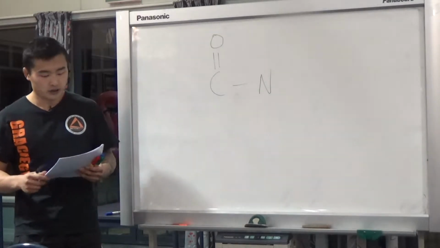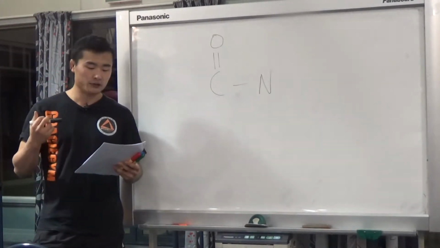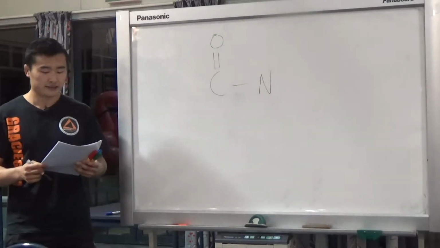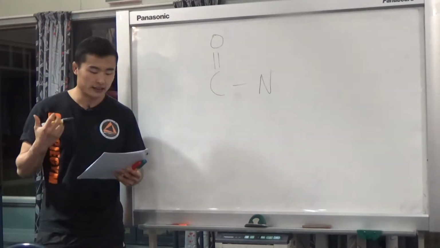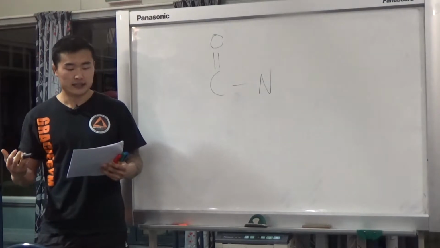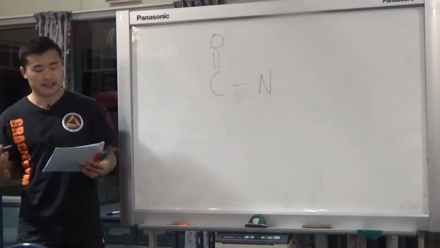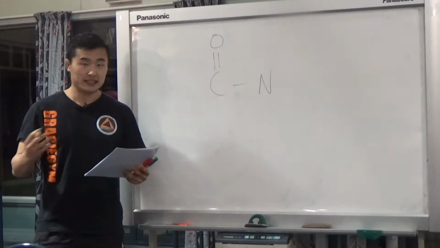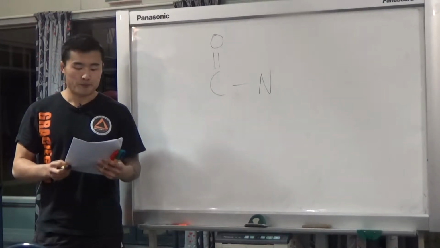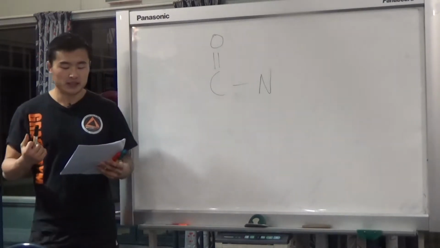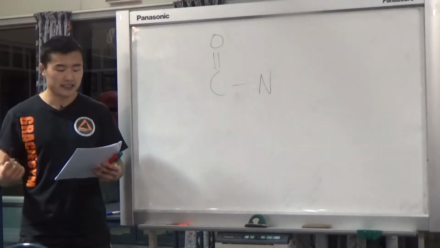Okay, so the second bullet point, the peptide bond has two resonant structures, and this results in the peptide bond having a partial double bond character. To be specific, it's 40% double bond character, but that's not too important. This means that the peptide bond is stronger, so it requires more energy to break.